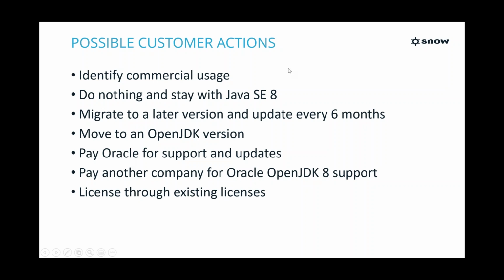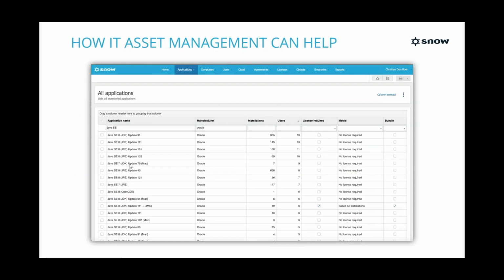So I guess the next slide. So how can IT asset management in general help you? I think the first thing to understand in any organization is, what do I have? Do you actually make use of Java? On which machines? Is it the full JDK?